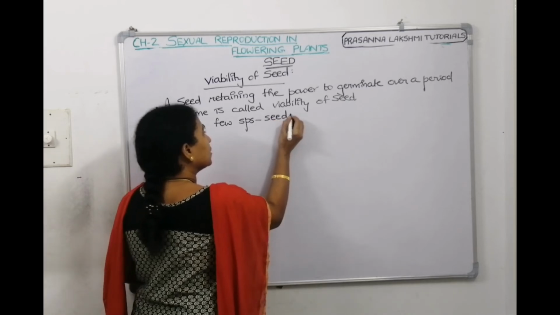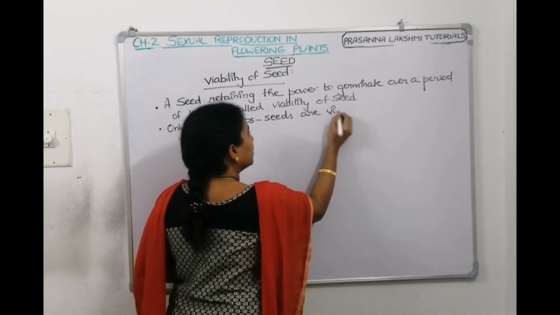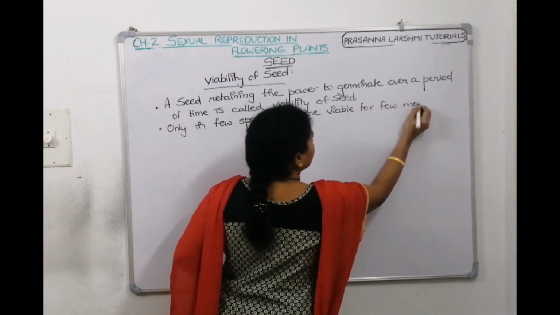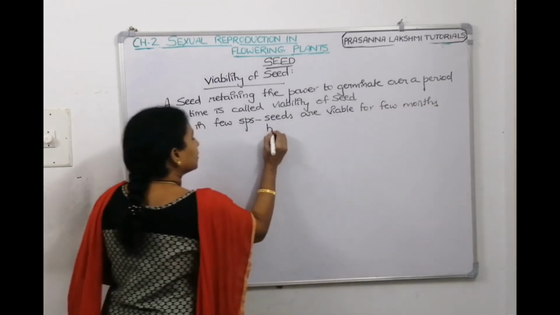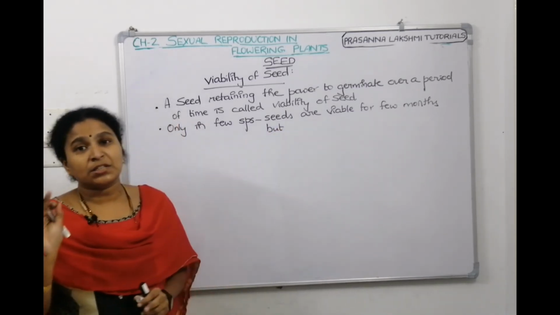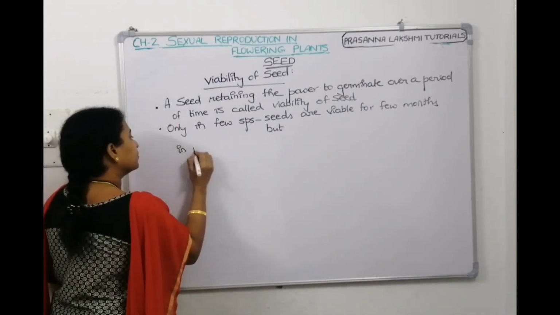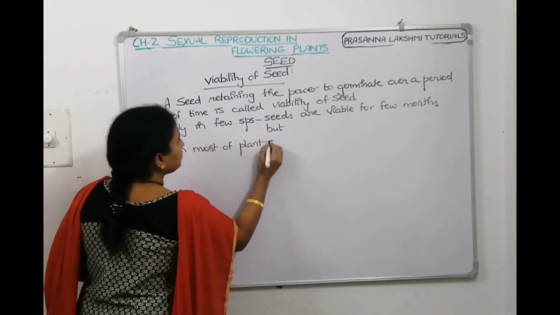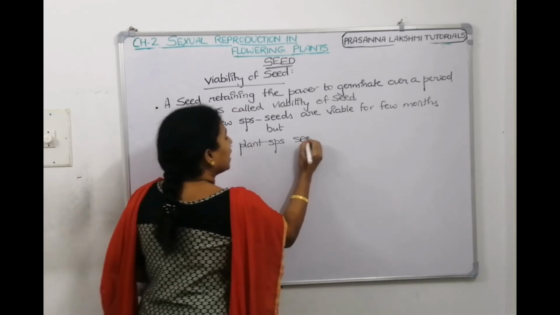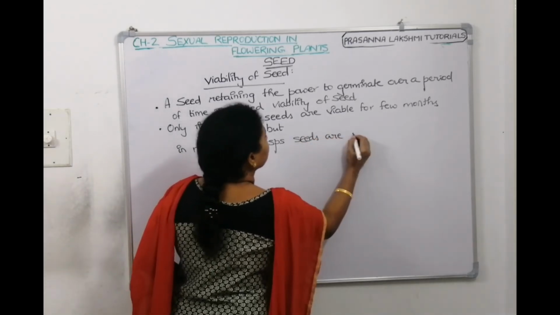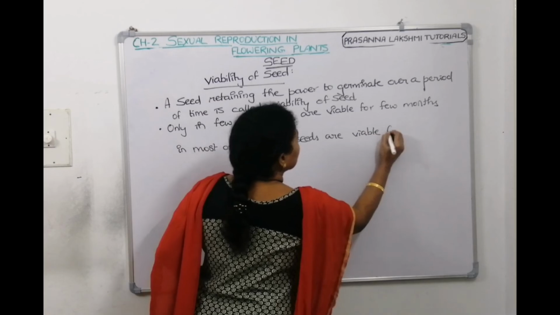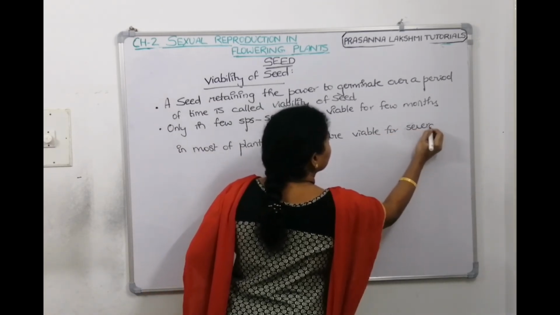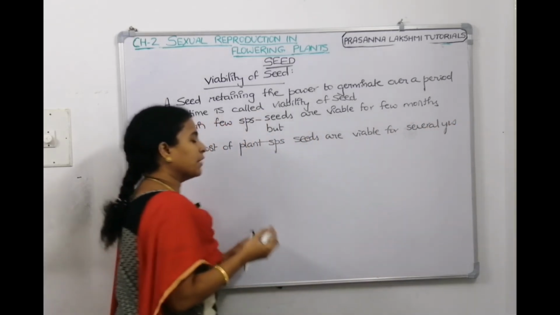It is less, but in most of the plant species, seeds are viable for years together. Seeds are viable for several years, we can tell.